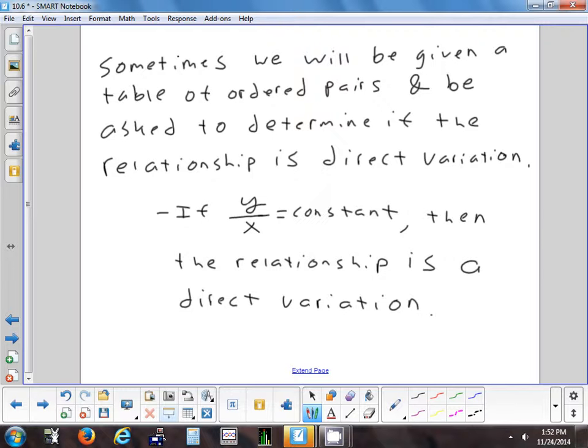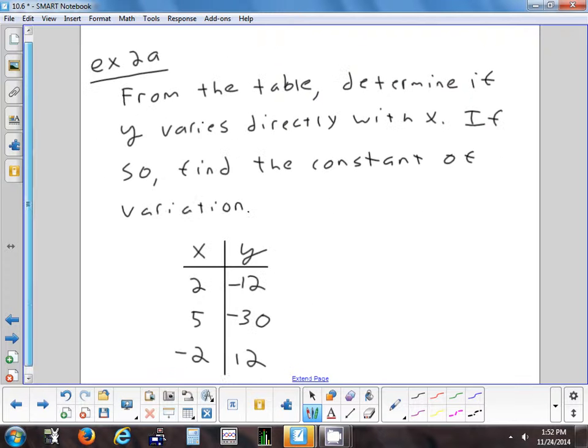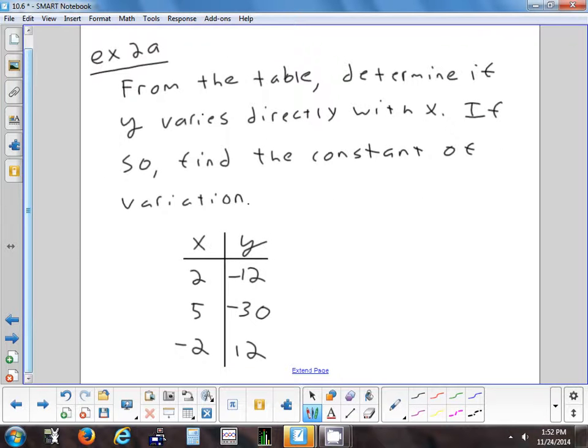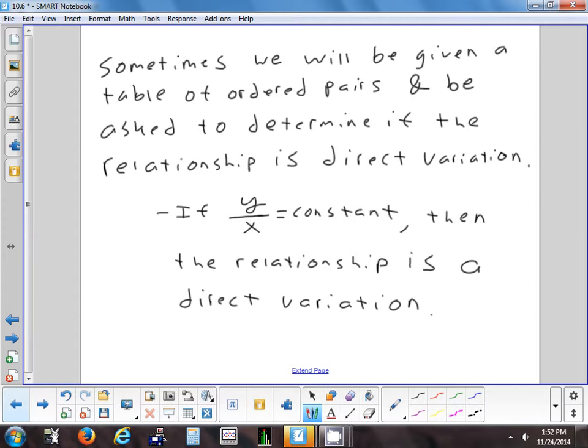All right, so let's look at an example. Here's a table of data. It says from the table, determine if y varies directly with x. In other words, is this direct variation? Yes or no? If it is direct variation, tell me what the constant is. How do you get the constant?